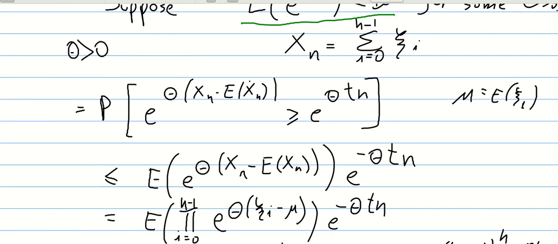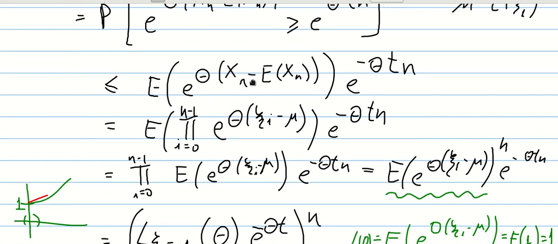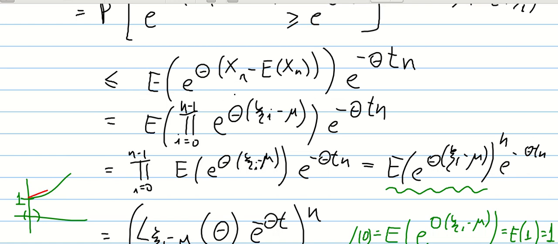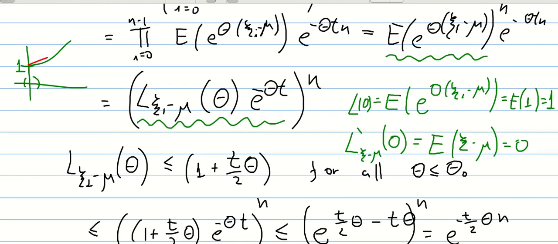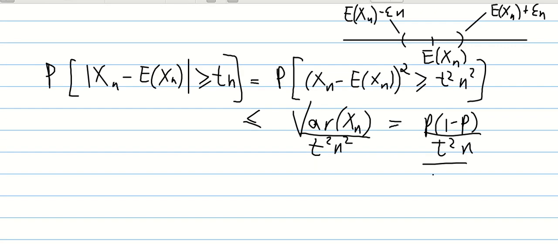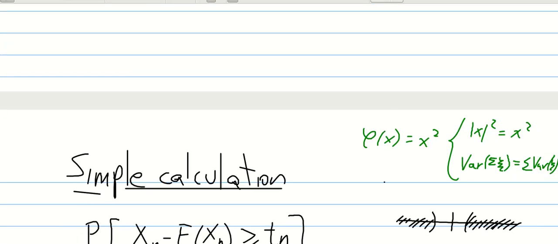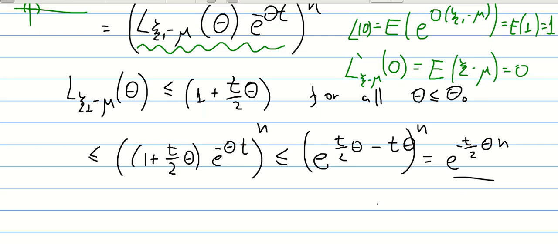And after taking the exponential on both sides and using Markov, we only had to find some theta small to get an exponential decay. So we're not going to be looking in this course at polynomial decays like we obtained previously. We are not going to be satisfied with this. We're going to look to have exponential decays.